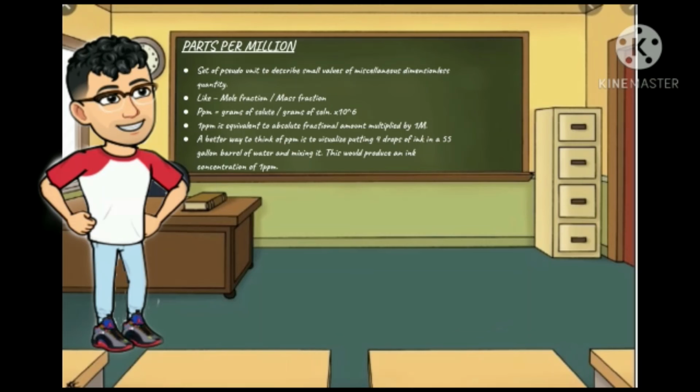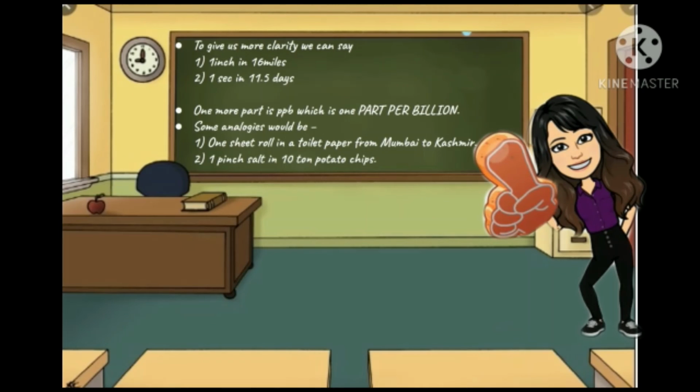A better way of thinking of ppm is to visualize putting 4 drops of ink in a 55-gallon barrel of water and then mixing it. This would produce an ink concentration of 1 ppm. To give us more clarity, we can say 1 inch in 16 miles and 1 second in 11.5 days.